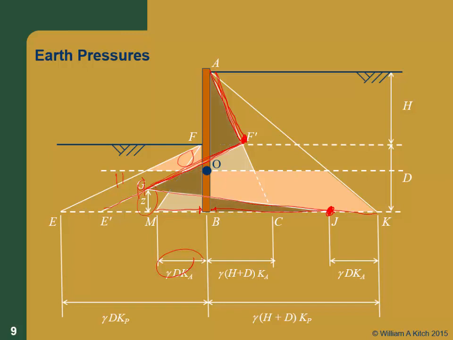But I'm going to have a net earth pressure envelope that looks like that in brown, where this is going to be acting to the left, this section is going to be acting to the right, and this section is going to be acting to the left again. And so all I need to do is find the height Z, and I can draw my earth pressure envelope.